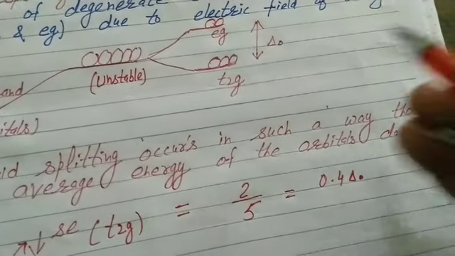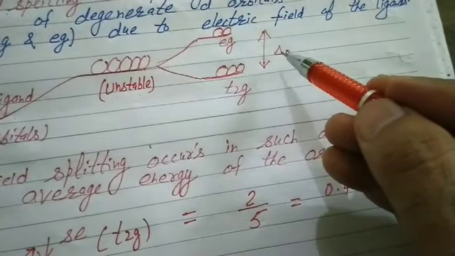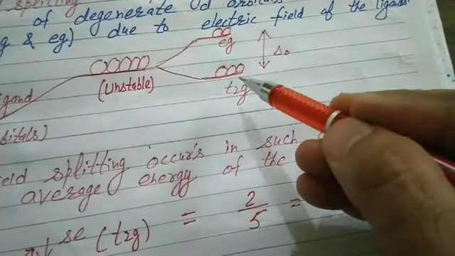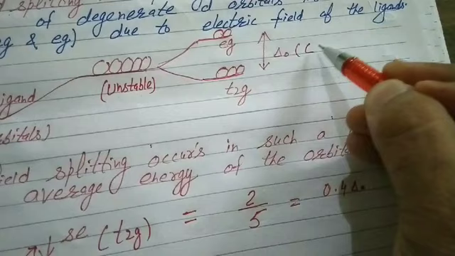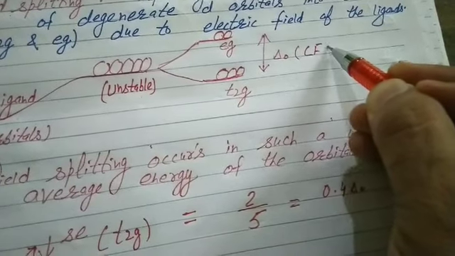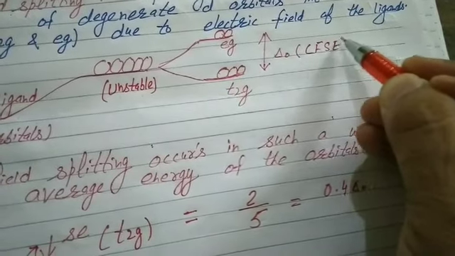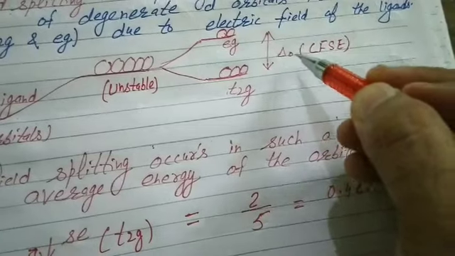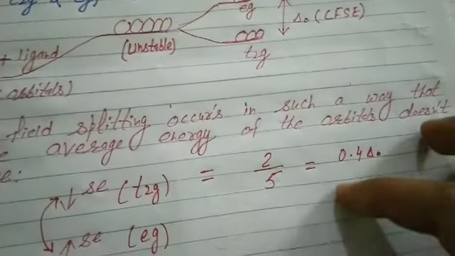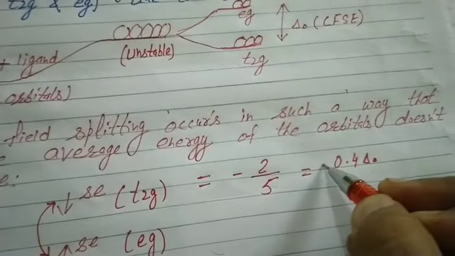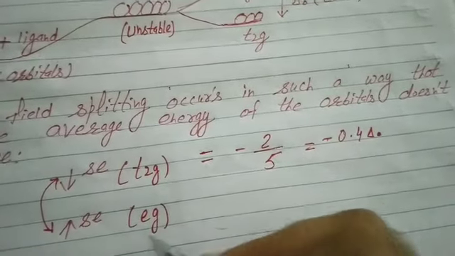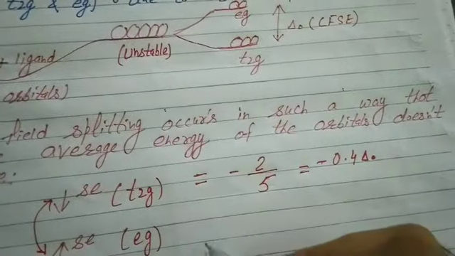Delta naught is the crystal field splitting energy. That is, the energy difference between the two energy levels t2g and eg is called crystal field splitting energy and is denoted by delta naught in an octahedral field. Students, since it is a decrease, we will take the sign negative. Now the increase in energy for the eg level.